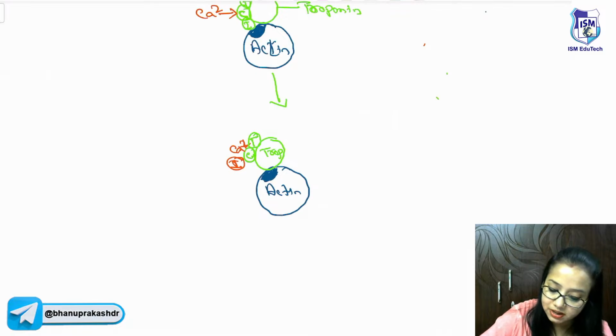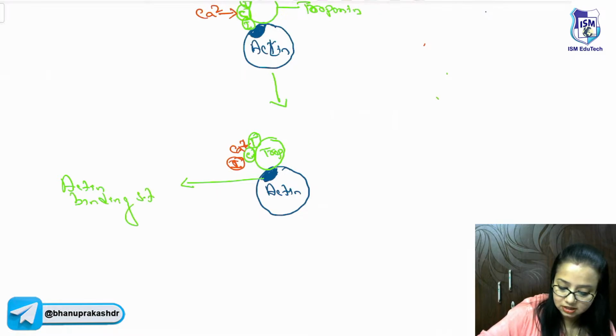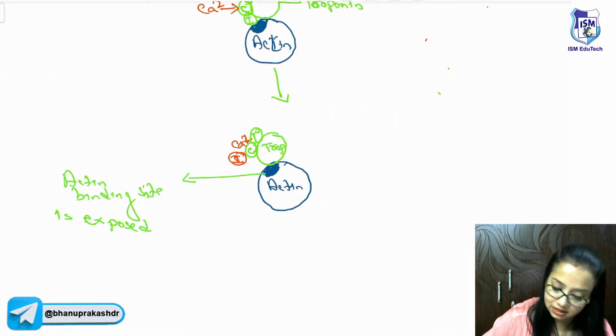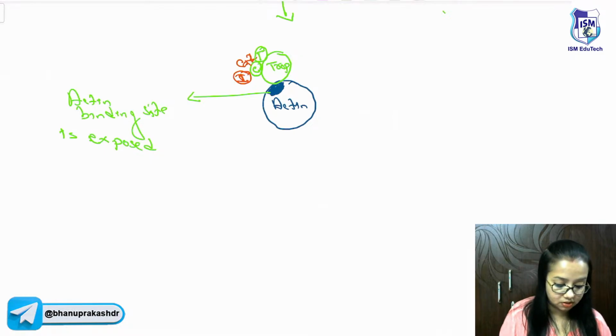So now you see the actin binding site is exposed. So this is the second part, that is activation or lifting of the inhibitory subunit from the actin molecule.